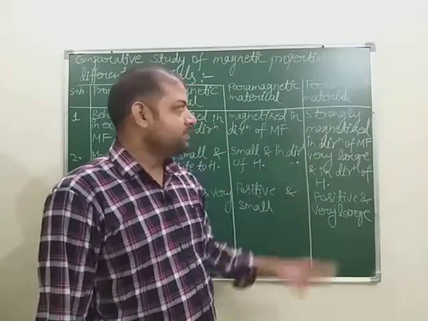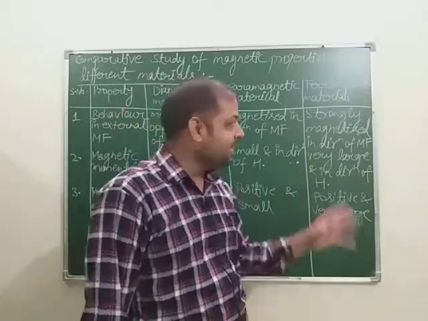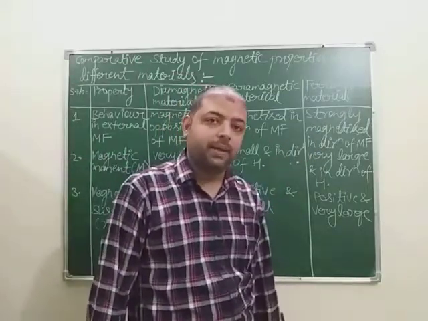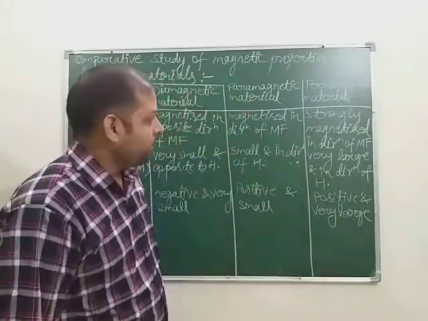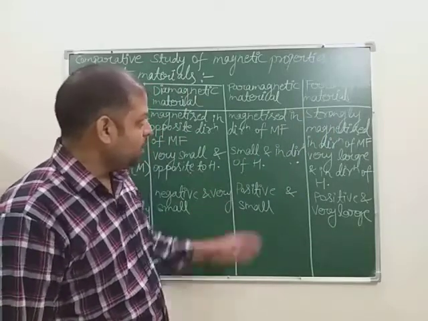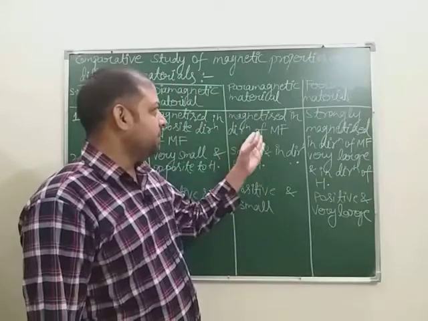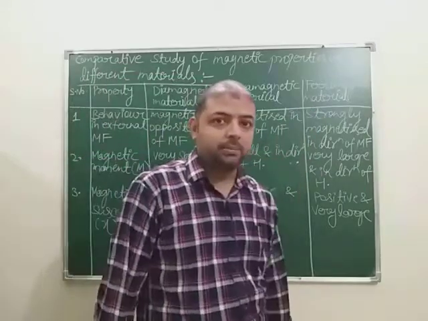If ferromagnetic substances are placed in a magnetic field, they are always strongly magnetized in the direction of the magnetic field. For ferromagnetic and paramagnetic substances, the intensity of paramagnetic material is always lower than ferromagnetic material.